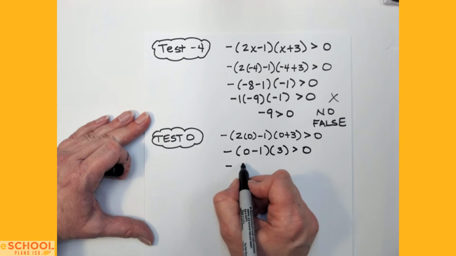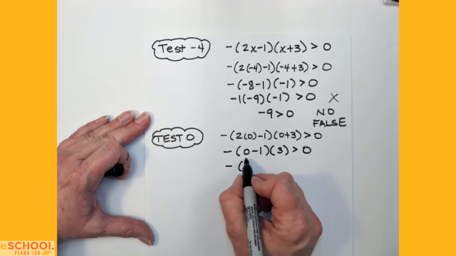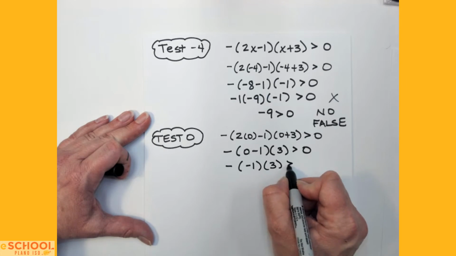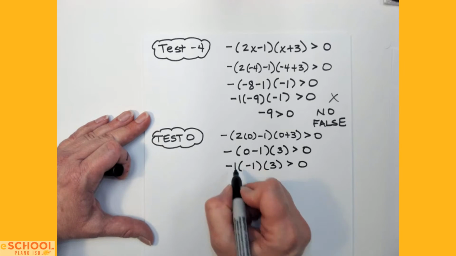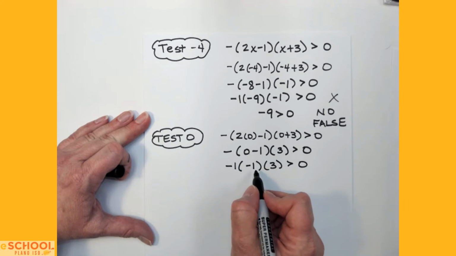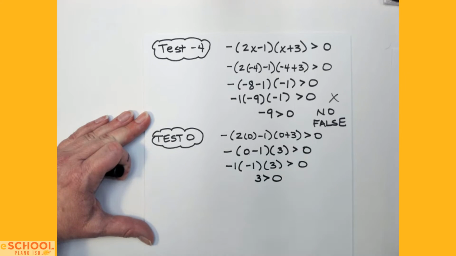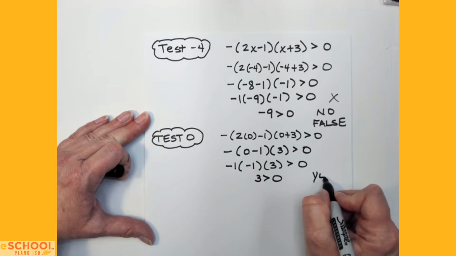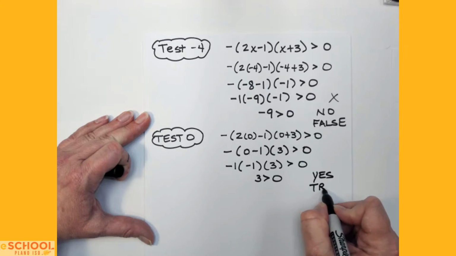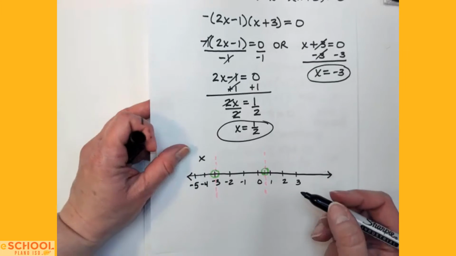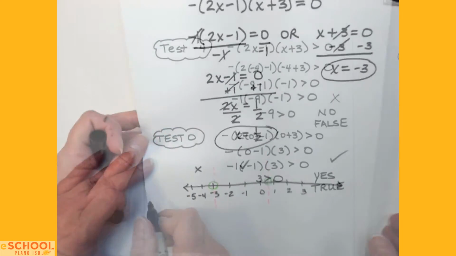And then I've got negative 1 inside, because 0 minus 1 is negative 1, times 3, greater than 0. Think like that's a negative 1. So negative 1 times negative 1 is 1. 1 times 3 is 3. 3 is greater than 0, and that is actually a true statement. So I'm going to come to this interval, and I'm going to put a check.